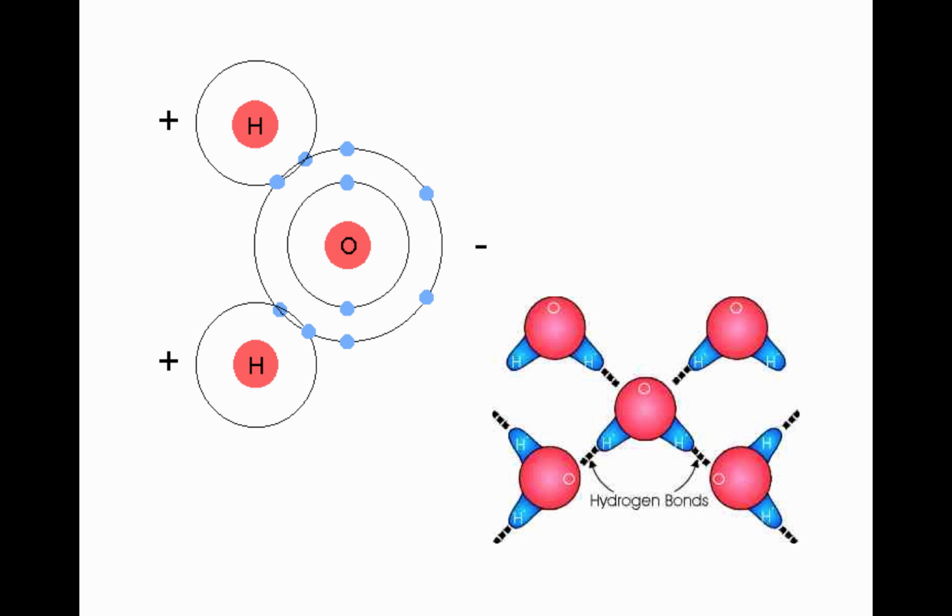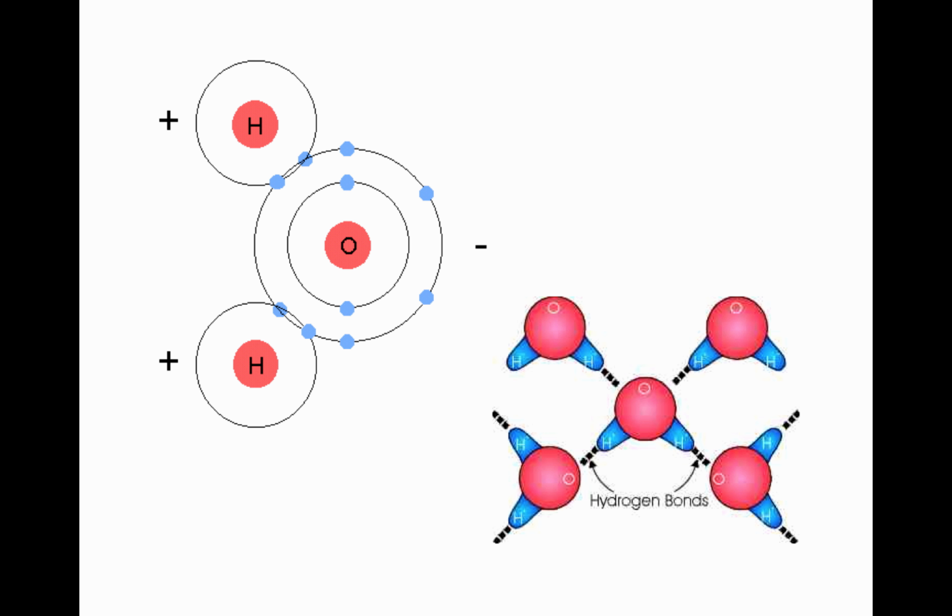It looks like Mickey Mouse. Turn it upside down or sideways, and you can see that the hydrogens look like the ears, the oxygen looks like the face. Okay, the bottom picture, a little different model of H2O, but the red is oxygen, the blue is hydrogen down here.